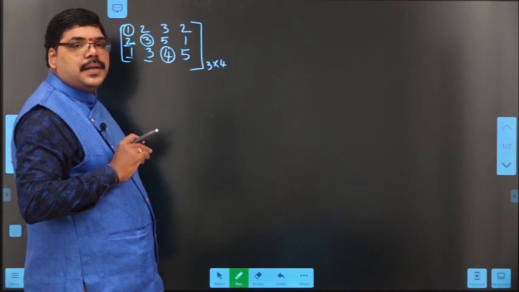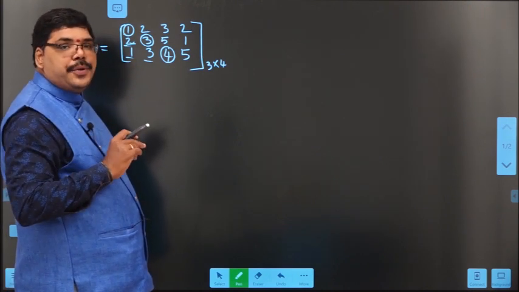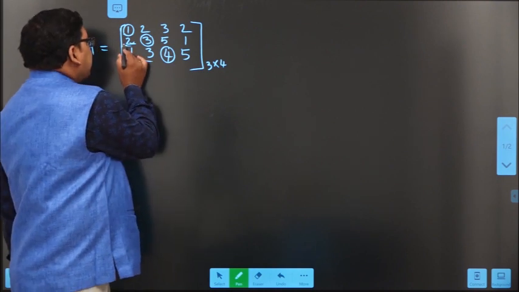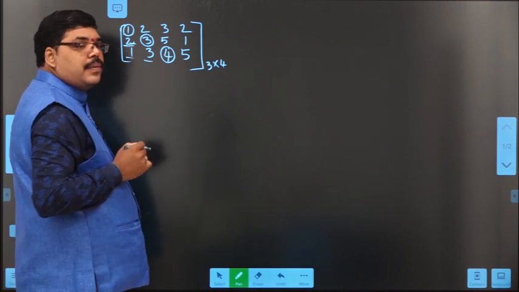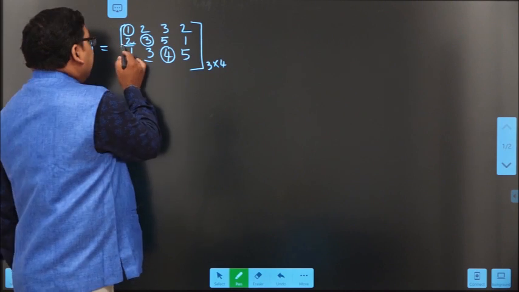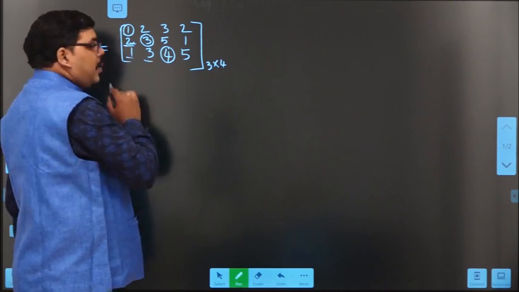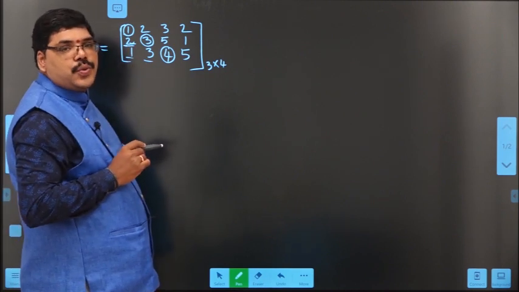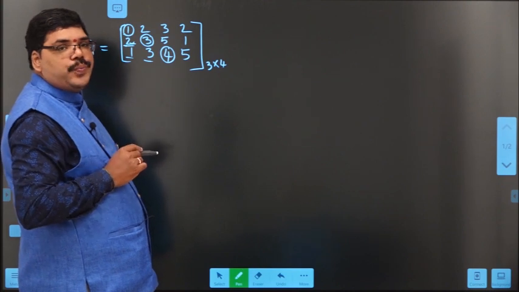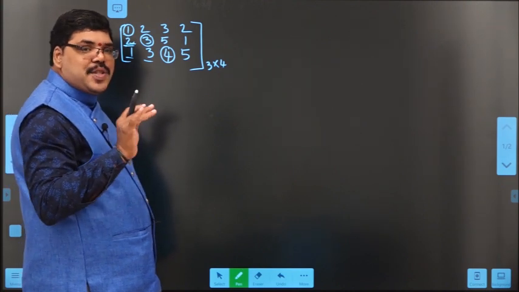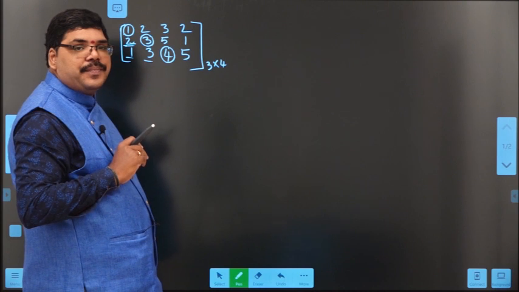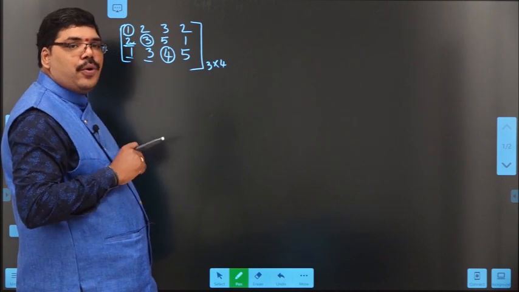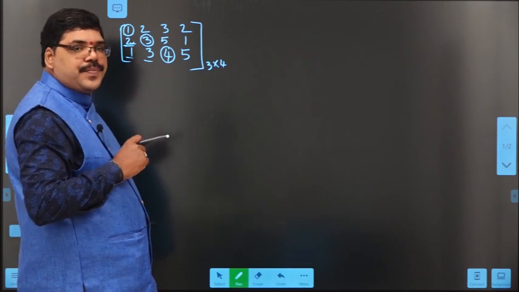First, we are going to reduce this element into 0. What I am focusing on is 2, which is in row 2. So it is not possible to change just a single element. You have to change the entire row through row operations.